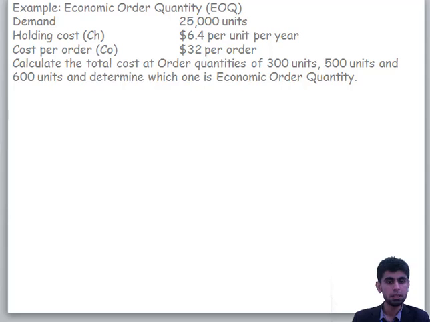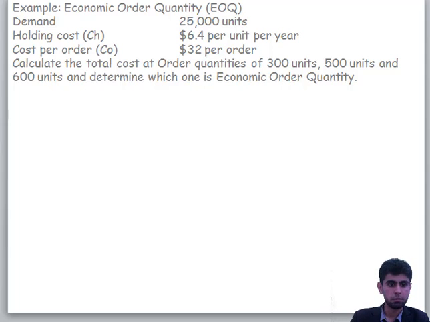The requirement is to calculate the total cost at order quantities of 300 units, 500 units and 600 units, and determine which one is the economic order quantity.